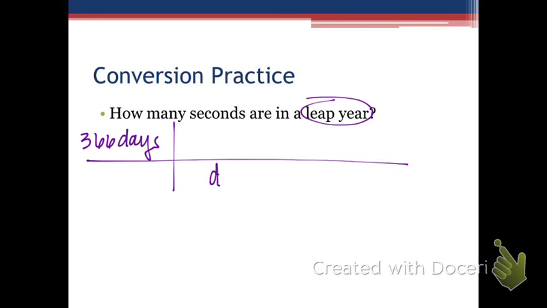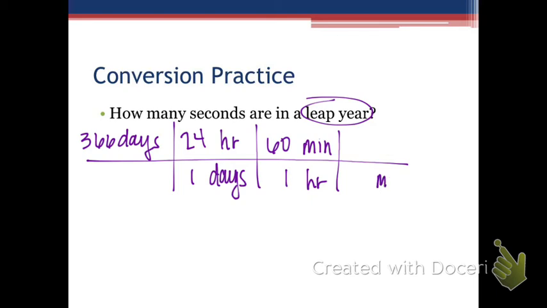So I'm going to go days to hours. One day is 24 hours. Then I can go from hours to minutes. You could go hours right to seconds if you wanted, that's fine. Or you can go minutes to seconds, so 60 seconds in 1 minute. Are we looking for a big number or a small number here? Should be a huge, huge number.